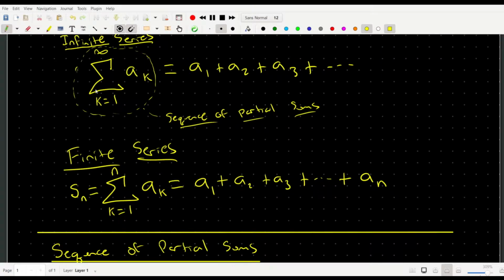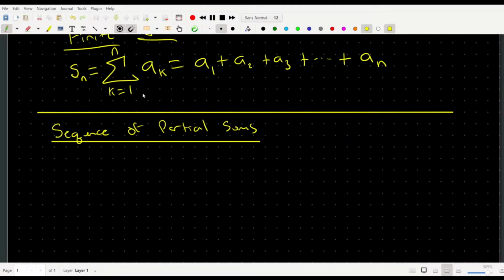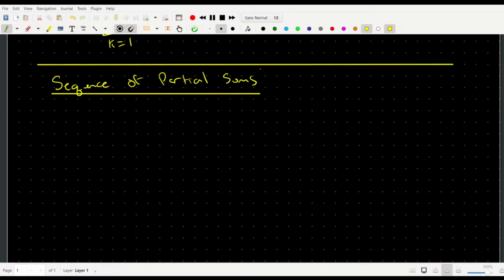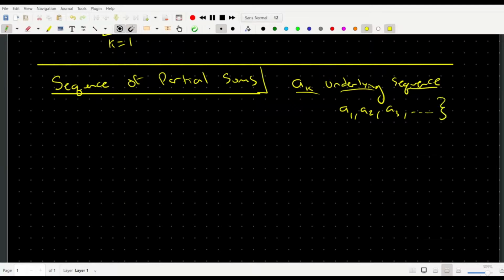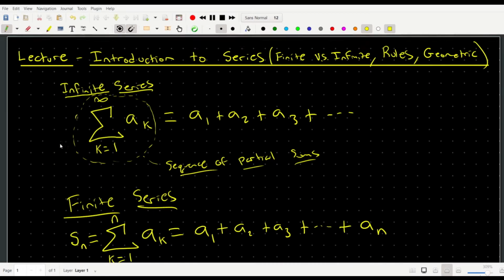For a given infinite series, the sequence of terms in this series is called the underlying sequence ak. So ak here is the underlying sequence that essentially defines this infinite sum, because you have a1, a2, a3, and so on and so forth.